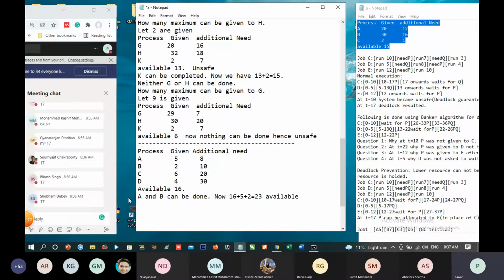Now C can be done. Is it correct? So 23 plus 6 equal to 29 available. Now D cannot be done. Is it correct? Fine. So there should be available at least 16.